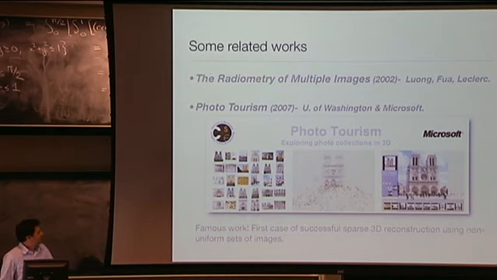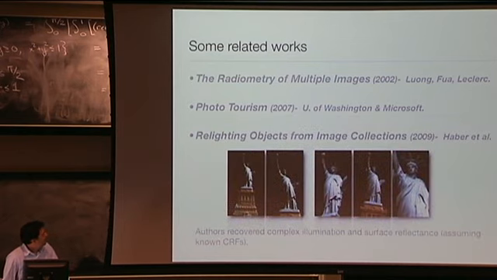Other work that is very popular in 2007, the seminal work of Phototourism, shows that it's possible to make a 3D sparse reconstruction and to find camera pose using image collections. And in 2009, a group of researchers used also image collections to estimate surface reflectance properties along with illumination.